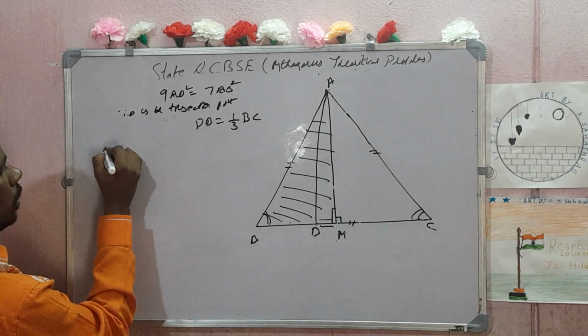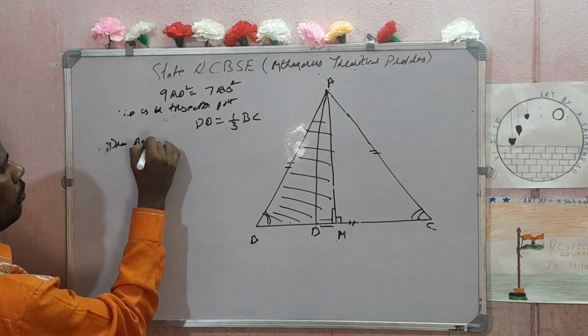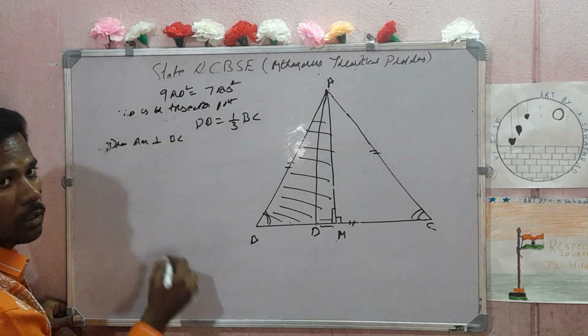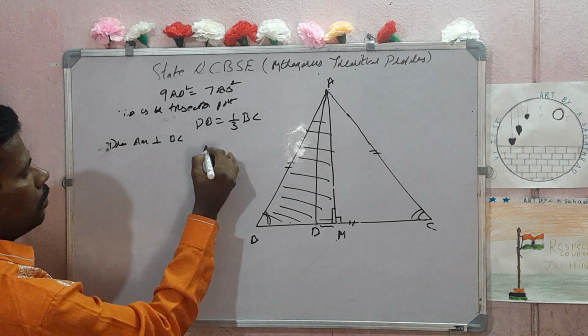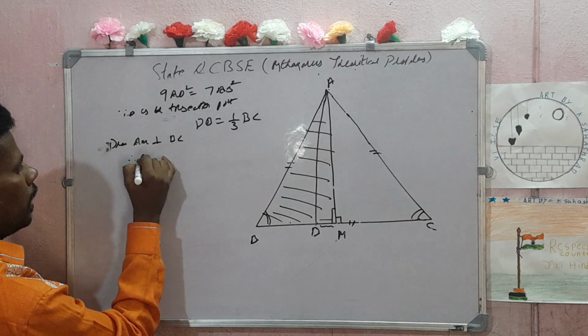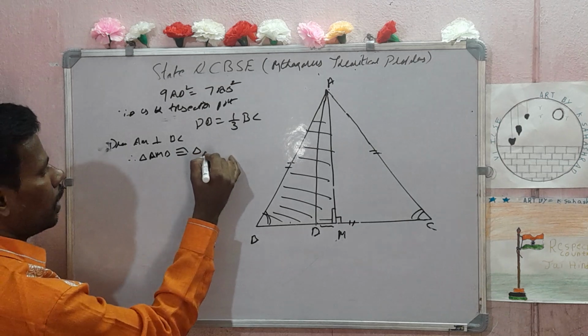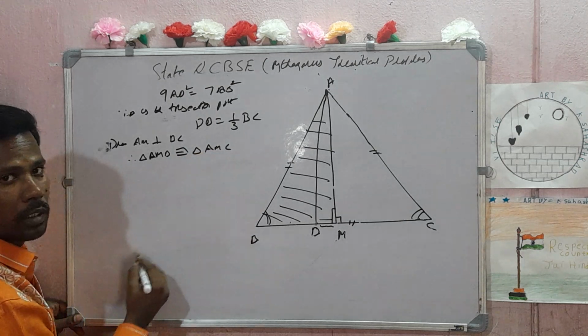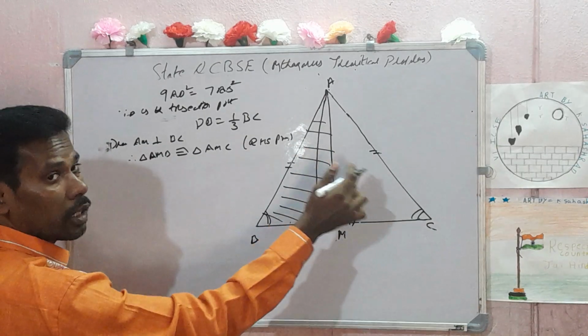Now draw AM perpendicular to BC. So therefore, triangle AMB is congruent to triangle AMC by RHS property. Why?